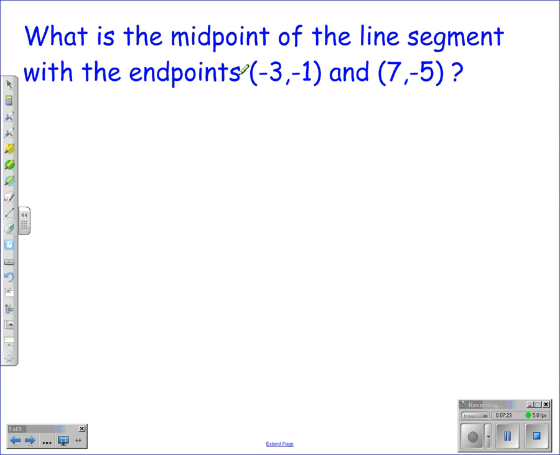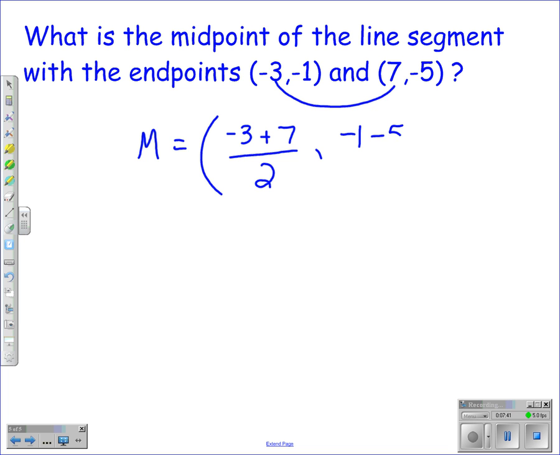So we want to know the midpoint of this line segment that has these two endpoints. Okay, our midpoint will be equal to, we're going to add our x's together, so we have negative 3 plus 7, all divided by 2, and we're going to add our y's together, negative 1 plus a negative 5, all divided by 2.